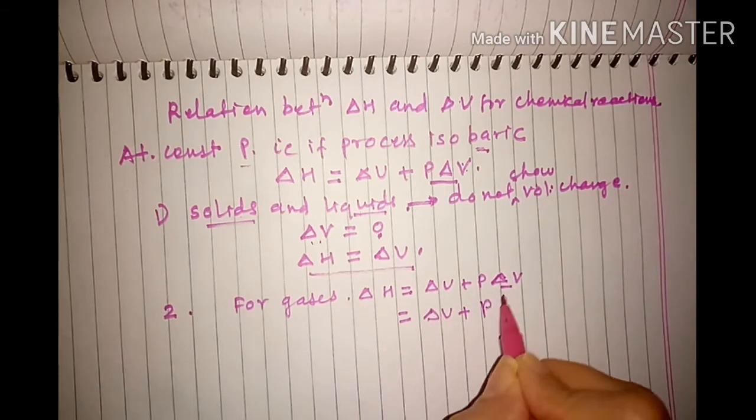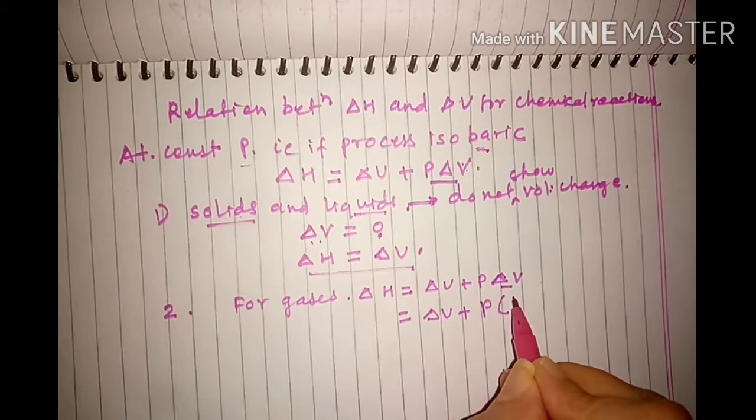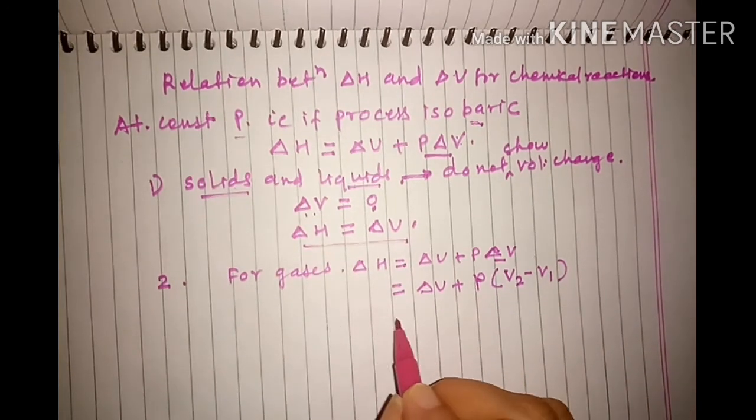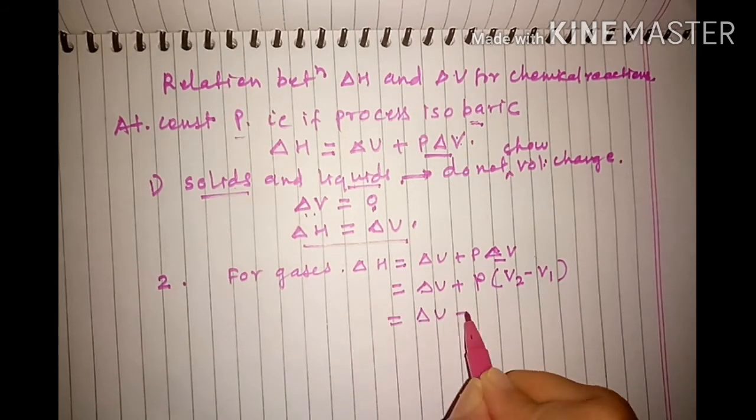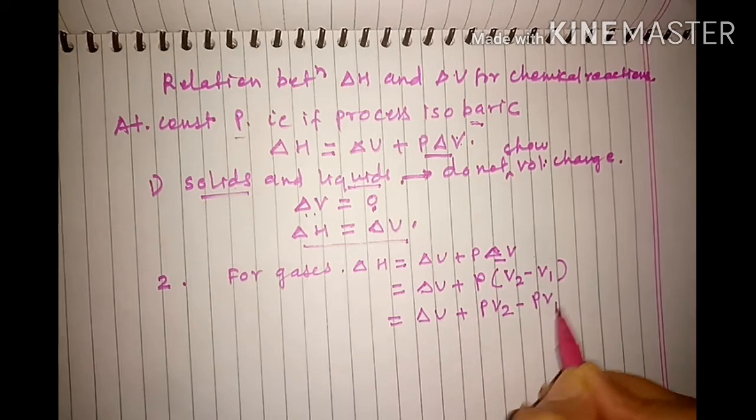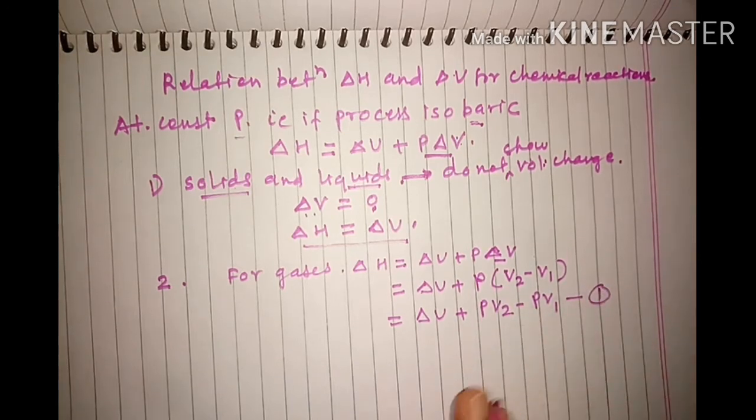You put the pressure outside, because pressure is kept constant since it is an isobaric process. So V2 minus V1. So delta U plus, now solving the bracket, PV2 minus PV1. This would be your equation number 1.